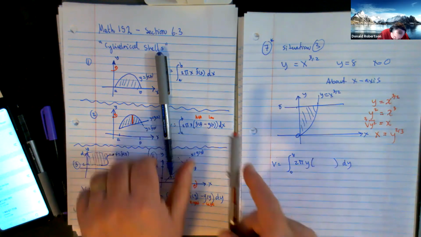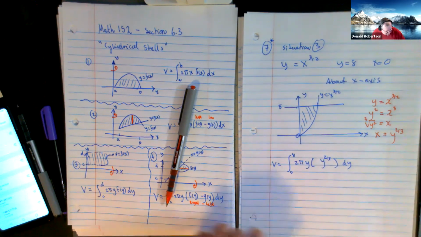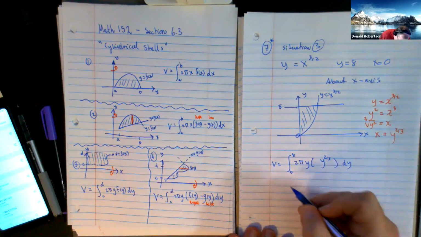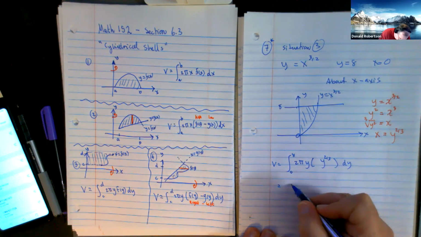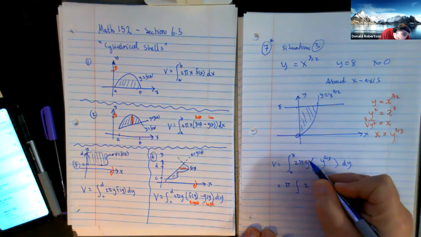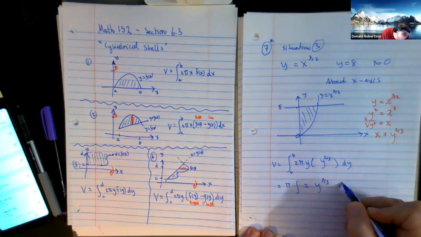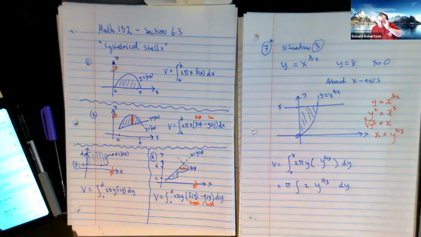So we are going to be putting that guy there. So this becomes, pull out my pi, 2, this guy times this guy gets you y to the power of 5/3. Right, 1 plus 2/3, 1 2/3, 5/3.